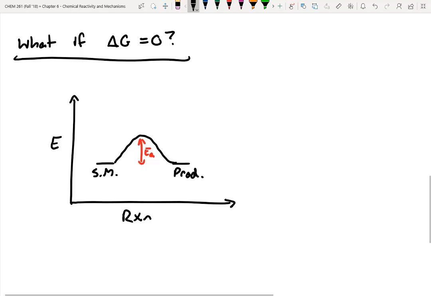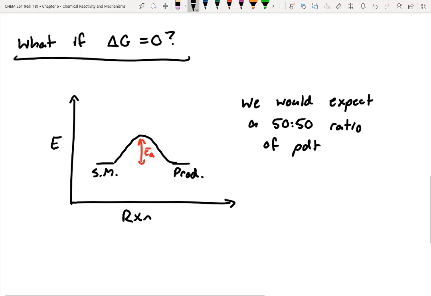So we would expect this to be a 50-50 ratio of products to reactants, right?